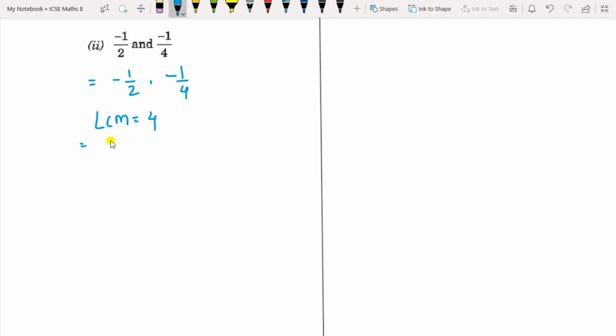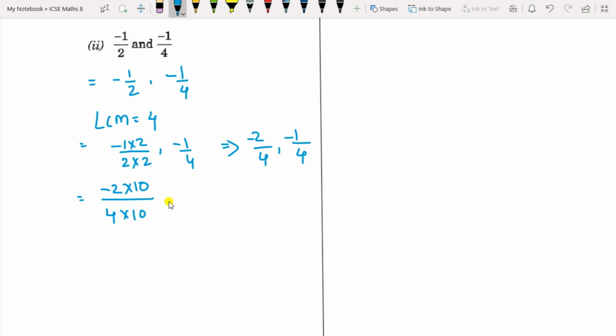So minus 1 by 2 into 2 becomes minus 2 upon 4, and this is minus 1 upon 4. Now multiply by 10: 4 into 10, minus 1 into 10 upon 4 into 10. That gives you minus 20 upon 40 and minus 10 upon 40.